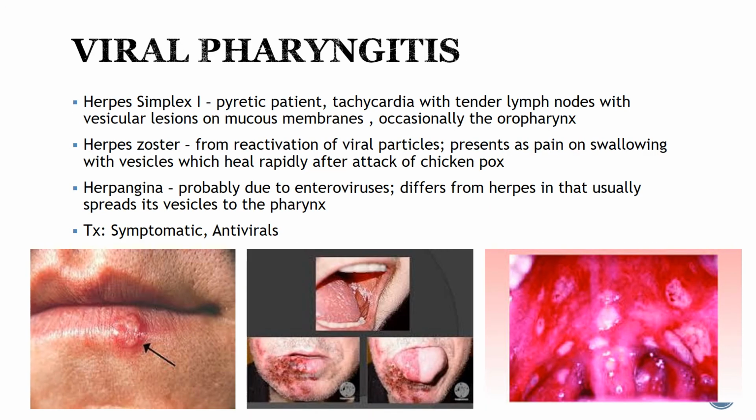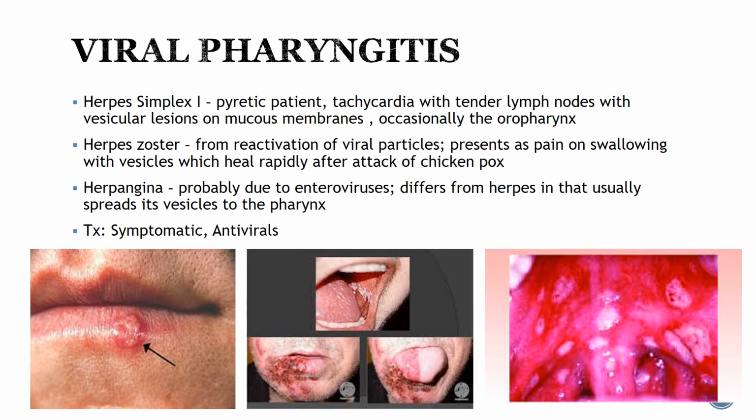Viral pharyngitis could be caused by herpes simplex type 1, herpes zoster, or herpangina. In herpes simplex type 1, it presents with a pyretic patient with tachycardia, with tender lymph nodes, with vesicular lesions on mucous membranes, occasionally the oropharynx.